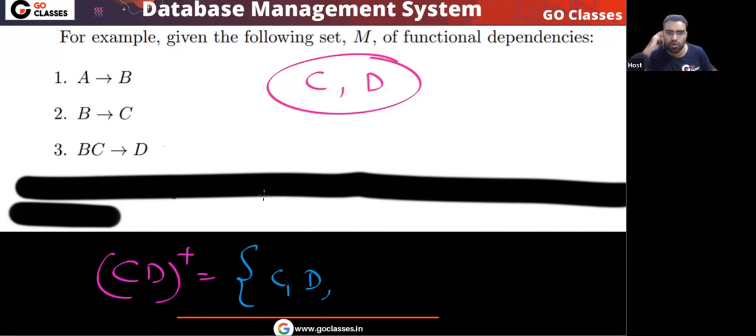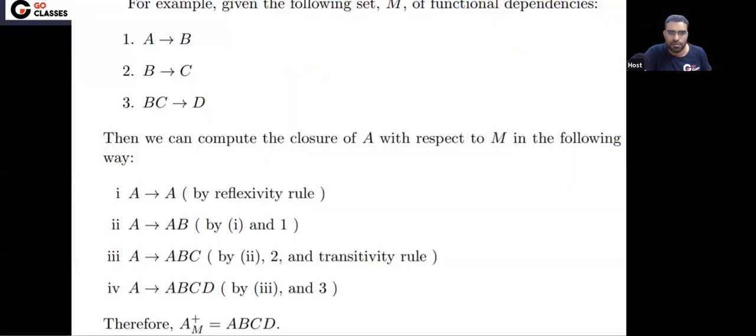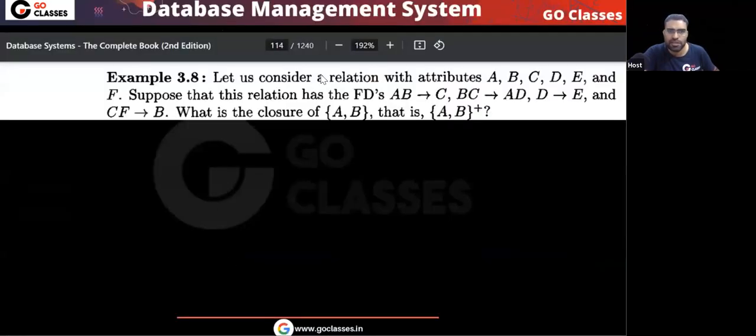Nothing else. Yes or no? So CD plus is equal to CD. Or I can say CD can only determine CD. That's it. Nothing else you can determine. Very simple.